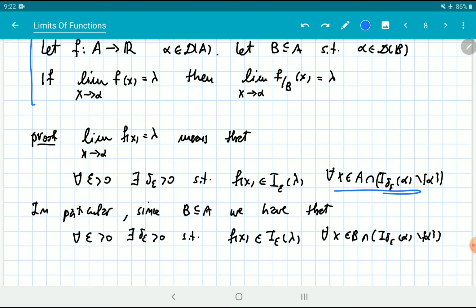Clearly this condition is stronger than this one, because here you have fewer points in order to verify this.